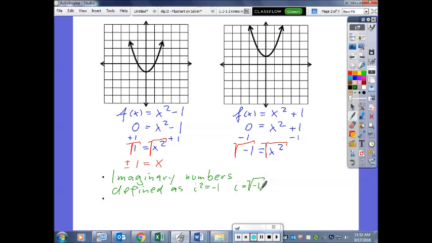And with this new number system, we now have a way to simplify square roots of negative numbers. And when we use imaginary numbers together with real numbers, we get something that's called complex numbers.